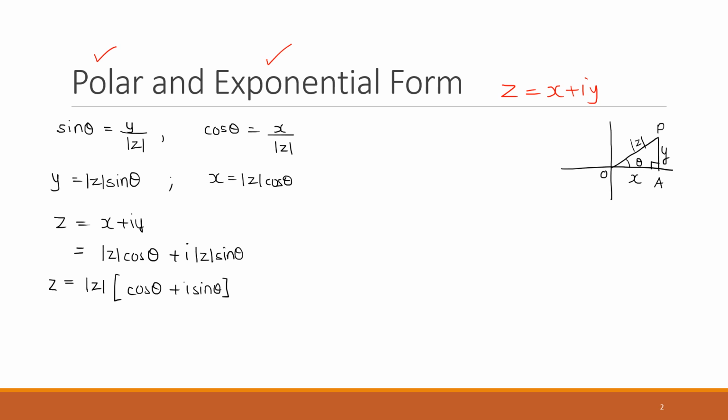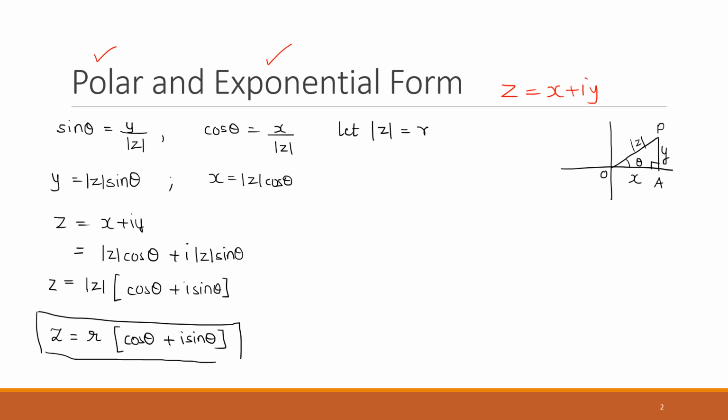Now to make it sound good, let mod z be nothing but r. So my polar form becomes z is equal to r times cos theta plus i sin theta.